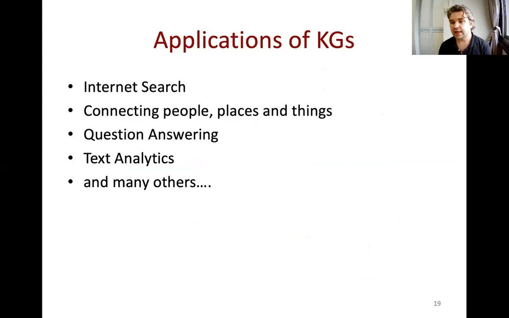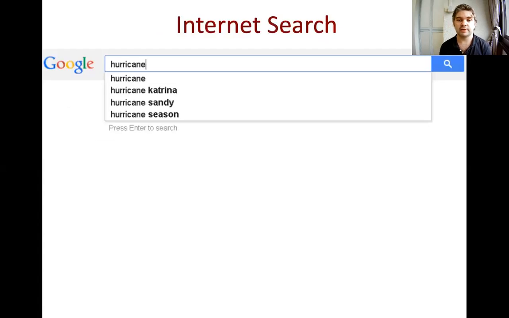Social networks themselves are a bit like knowledge graphs because we put lots of labels about ourselves, and therefore the graph is enhanced by these relationships and attributes. We can do question answering, text analysis, and many other applications.